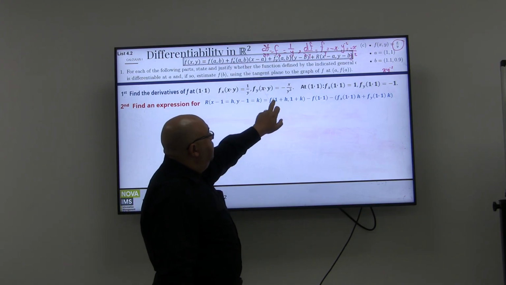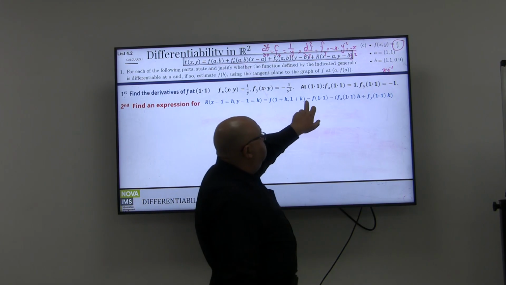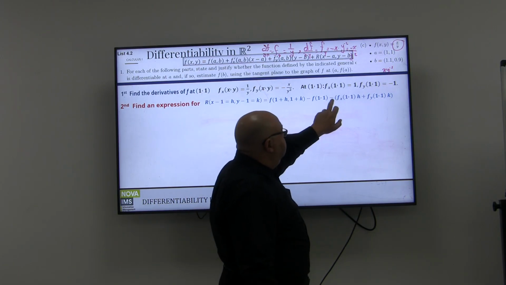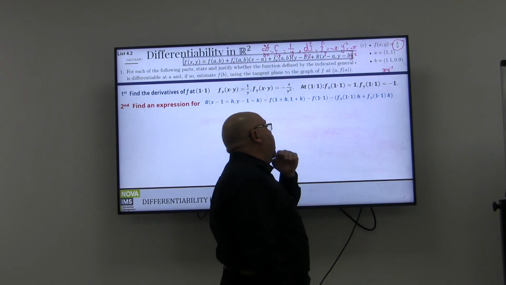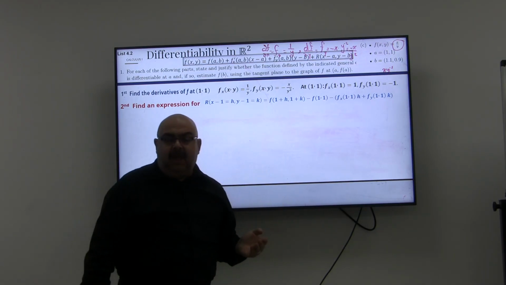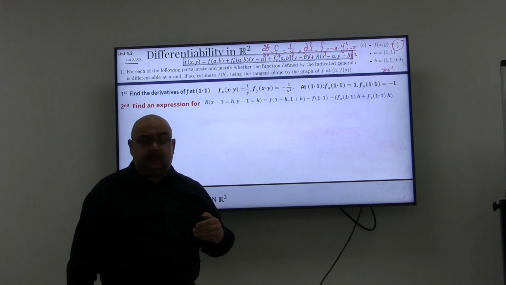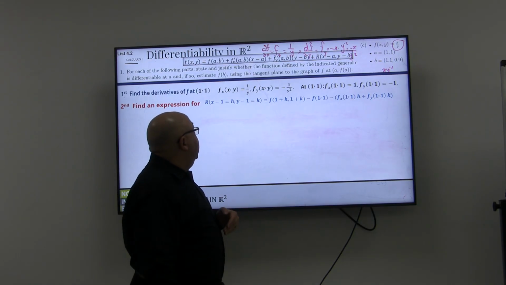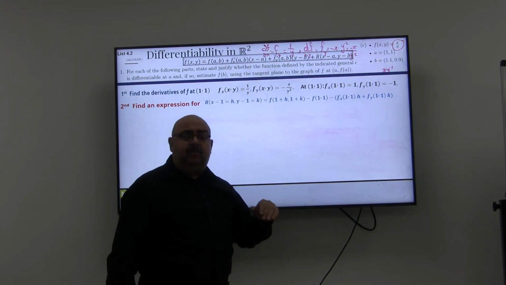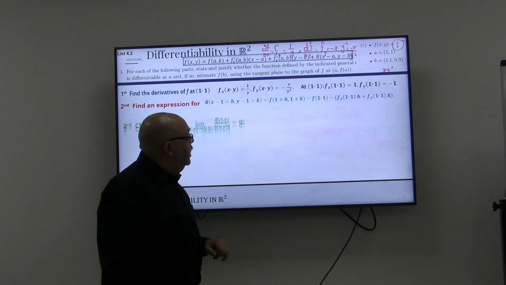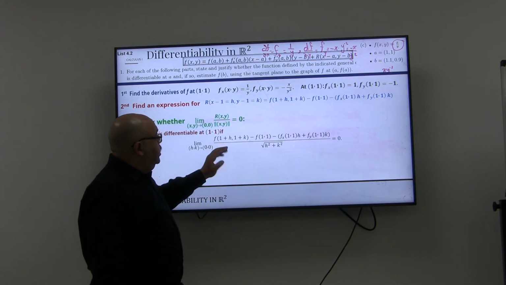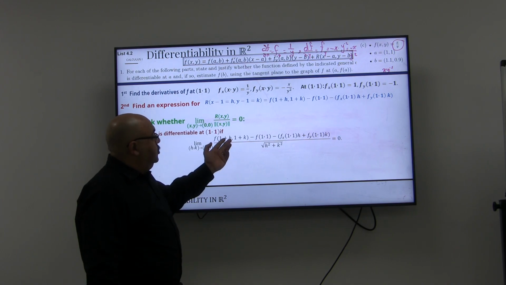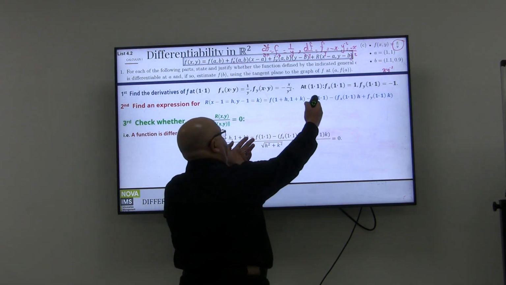We will have f of 1 plus h, 1 plus k, minus f at (1, 1), minus the gradient vector of the function at (1, 1) times (h, k). So all I have to do is make the substitution. That's the value of the function at 1 plus h, 1 plus k, minus the value of the function at (1, 1).